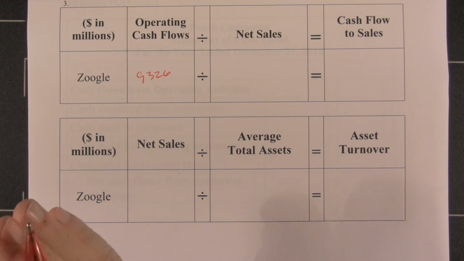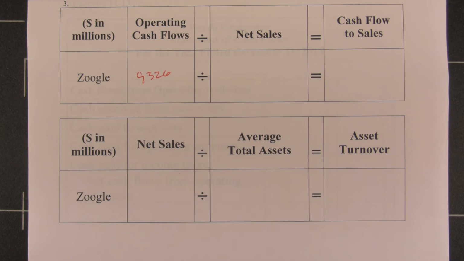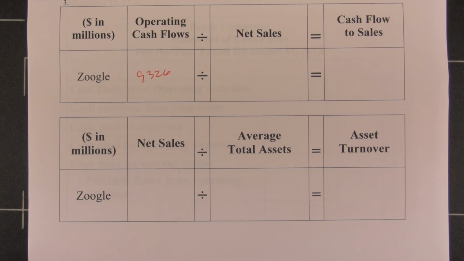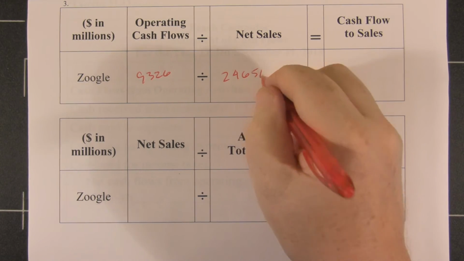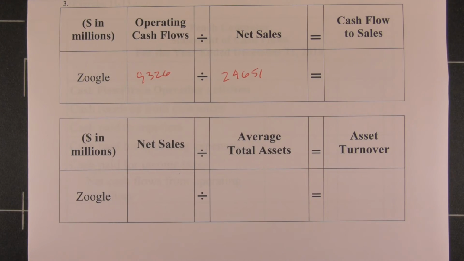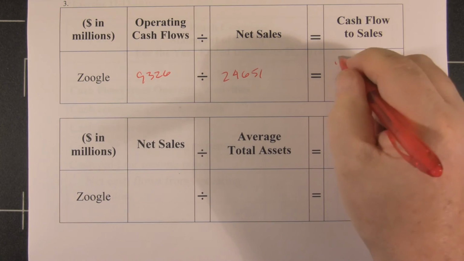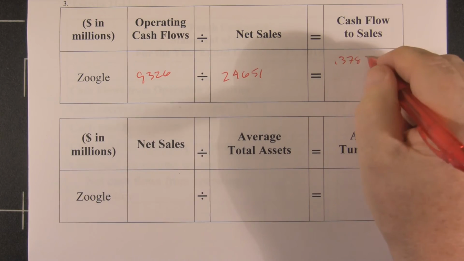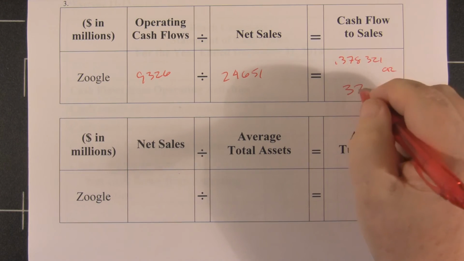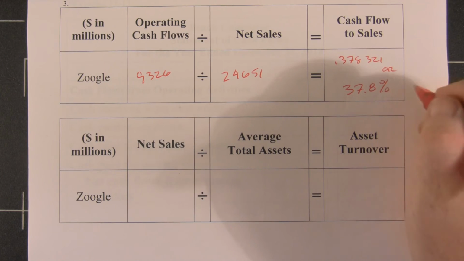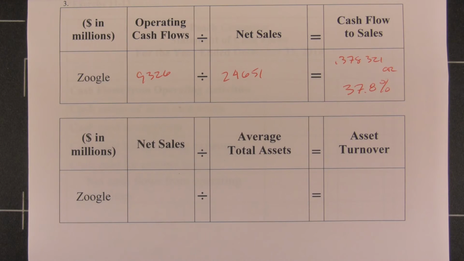We don't have to adjust it or manipulate it in any way. They tell us that the net sales are 24,651. Do the division, and you find that we come up with 0.378321, or 37.8%. That tells us that for every dollar of net sales, we generate on average about 37.8% of operating cash.